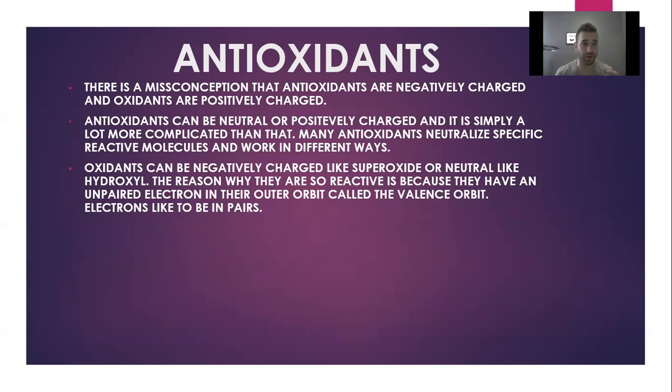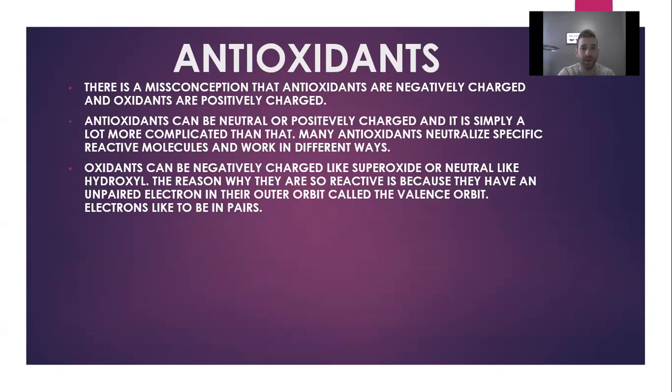Okay, they're electron hunters, and they'll take an electron from a molecule that comes in contact with them to satisfy itself and have the outer orbit have all paired electrons. So that's what a free radical is. It's not a positively charged atom or molecule, okay? It's an atom or molecule that has an unpaired electron in its outer orbit, okay?